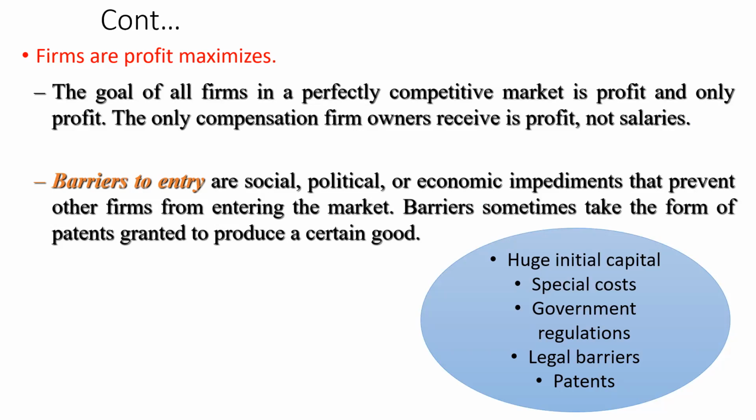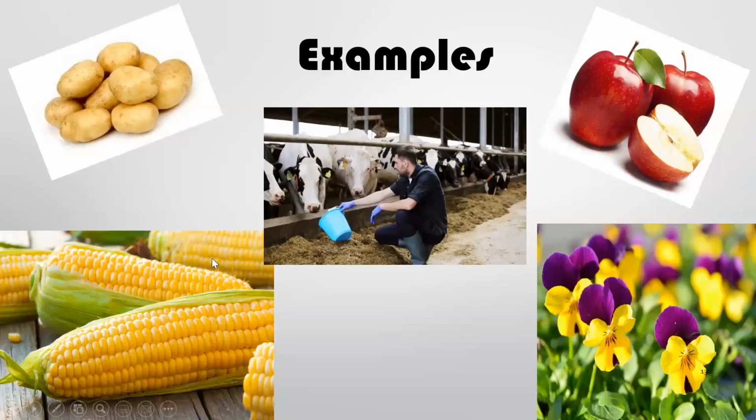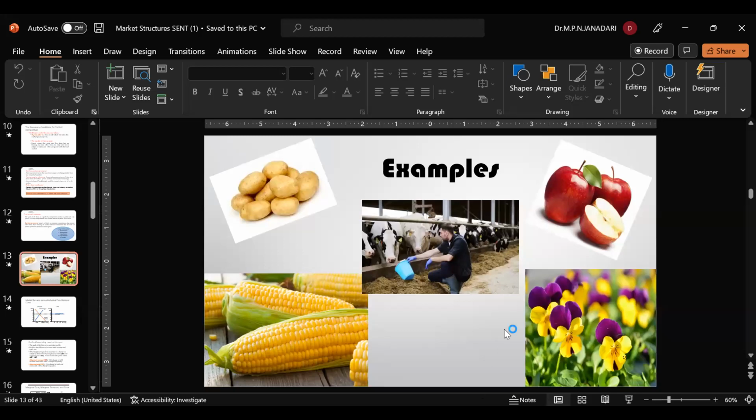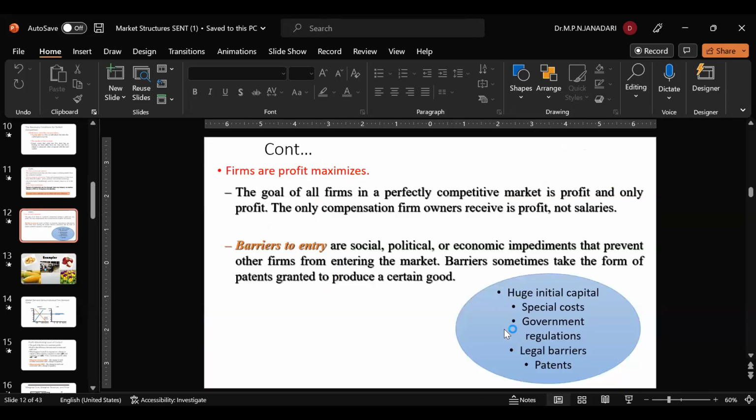And the last characteristic, barriers to entry. There may be huge barriers, right? Social barriers, political barriers, economic barriers, sometimes a huge initial cost.